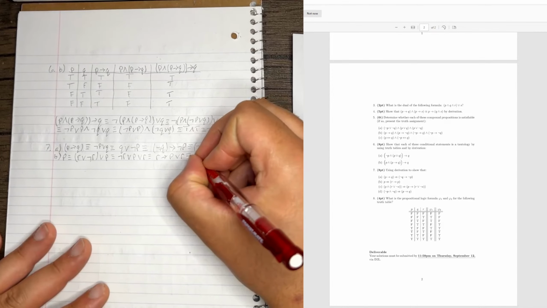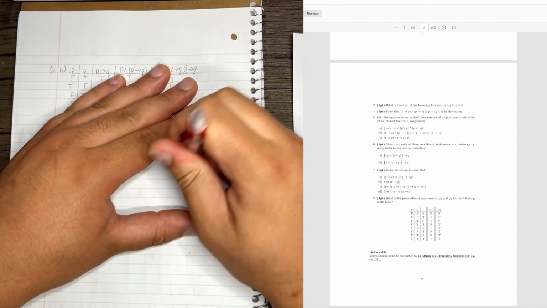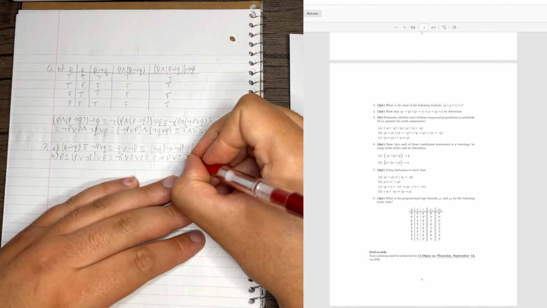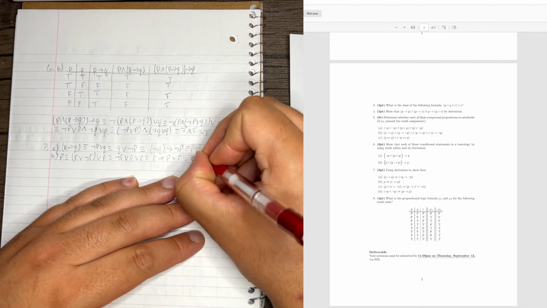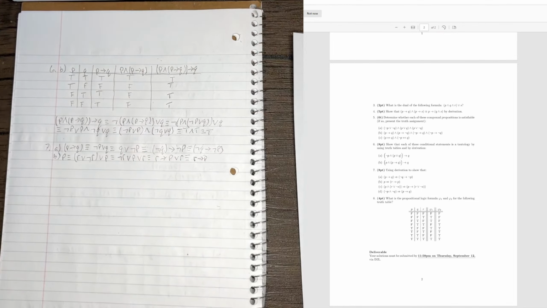So I don't know if there's a rule with that, but it makes sense with that just being straight up like that. Because anytime R is true, that statement's always going to be true.